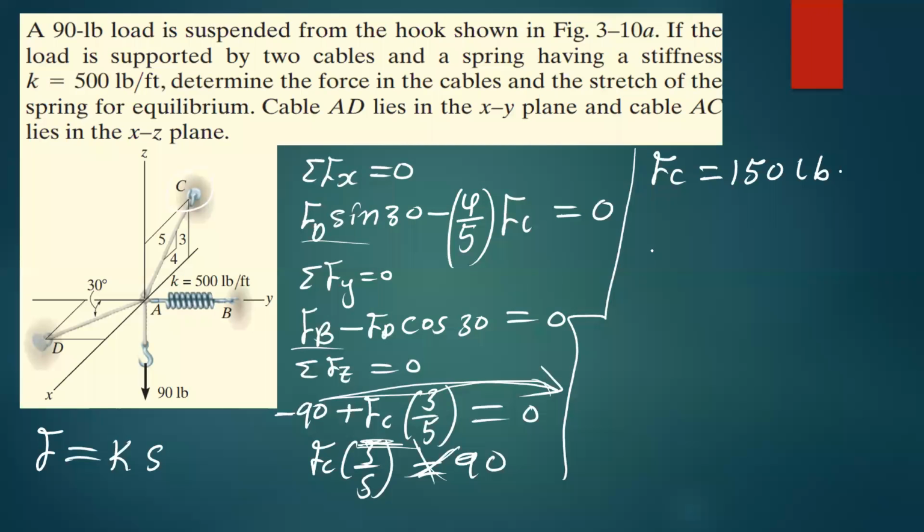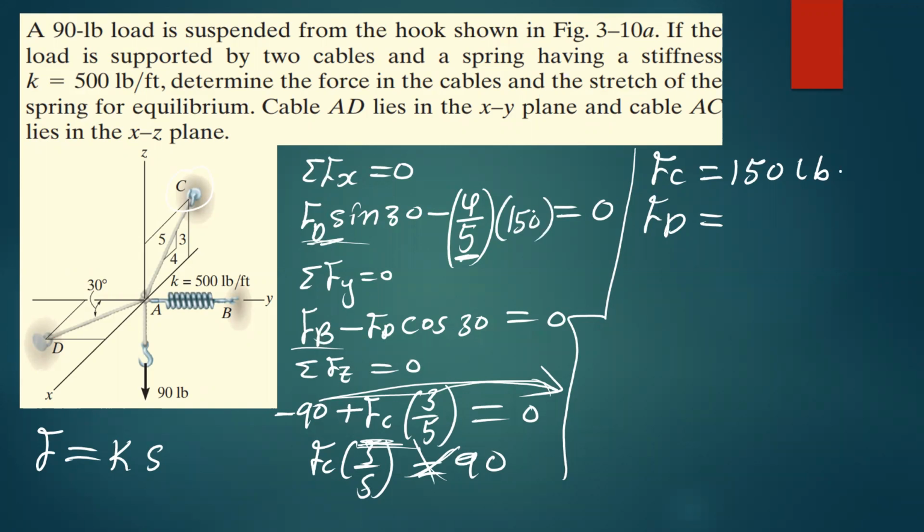And then we can replace it there to get the value of FD. So FD will therefore be equal to, so when you put 150 there, we're going to have 5 into 150. Because of lack of space, I'll just be deleting what I have already there.